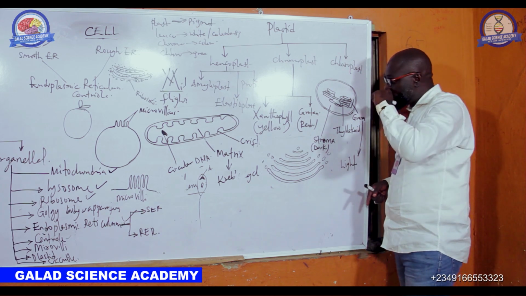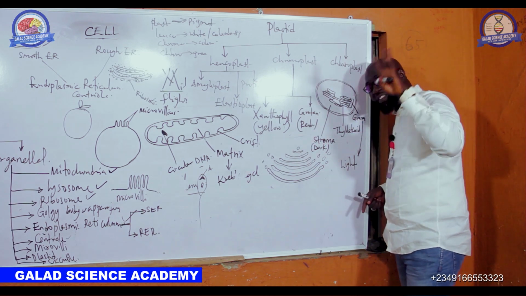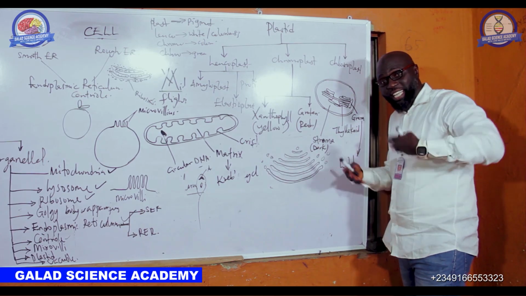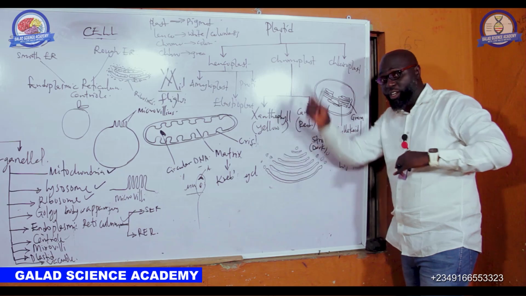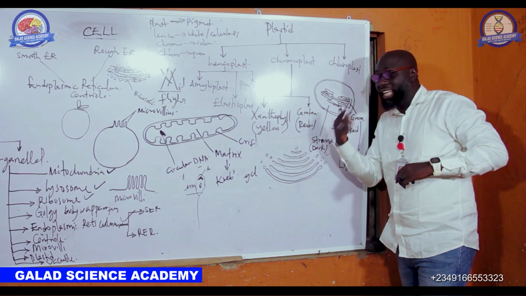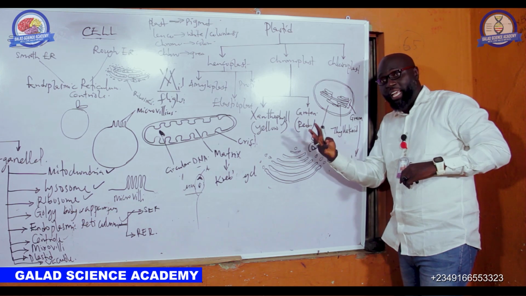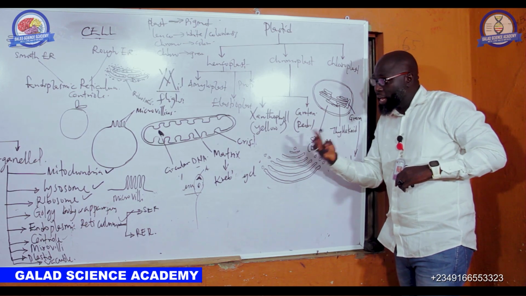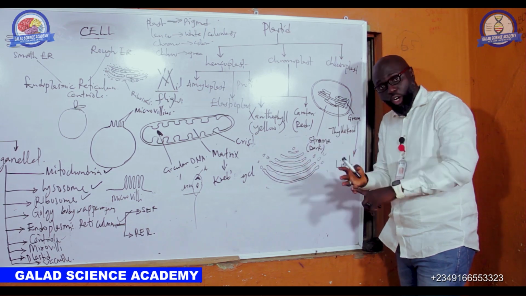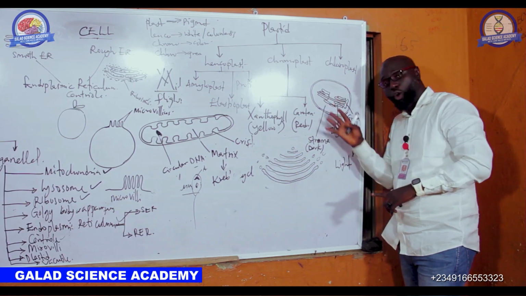And if you could still remember, I said we have three organelles in the cell that have their own DNA. They are self-replicating organelles. There are three organelles in the cell. They have their own DNA, which are what? Nucleus, mitochondria, and then chloroplast.